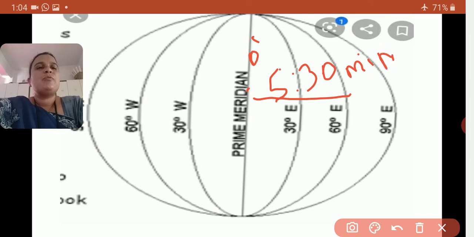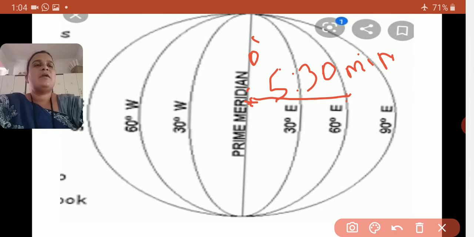So from Britain, Greenwich, our country is 5 hours and 30 minutes ahead in time.